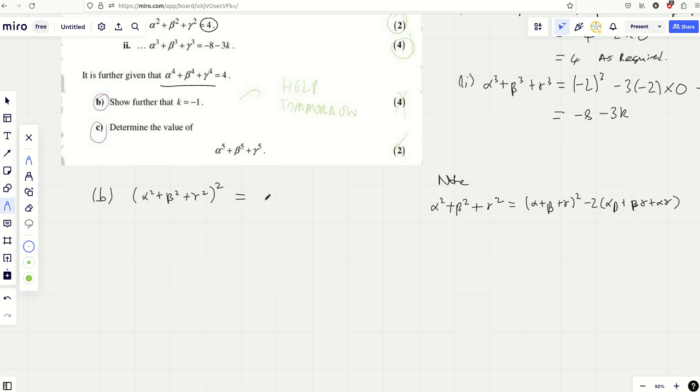So this should be equal to, if I'm looking at it as this bit, alpha to the 4 plus beta to the 4 plus gamma to the 4, and please feel free to just multiply it out with a big grid or something like that, plus 2 times, now be careful here, alpha beta all squared plus beta gamma all squared plus alpha gamma all squared.